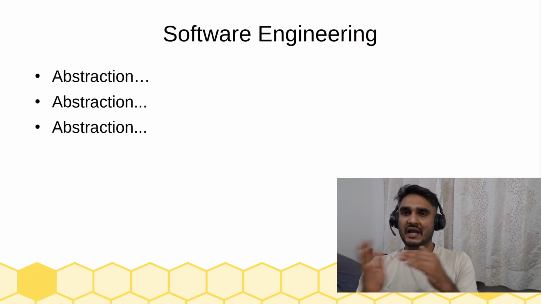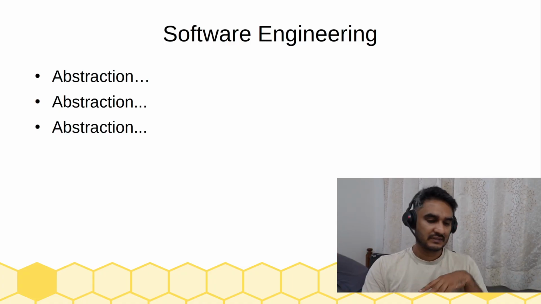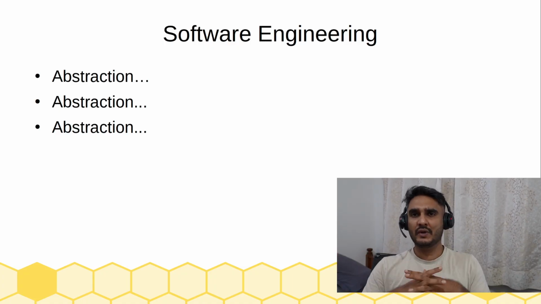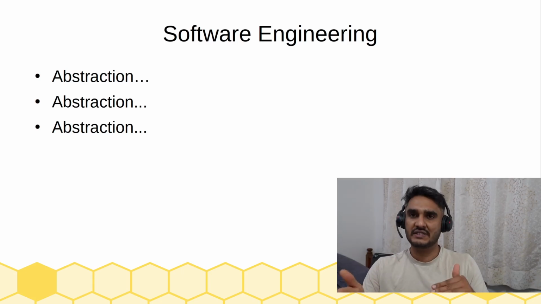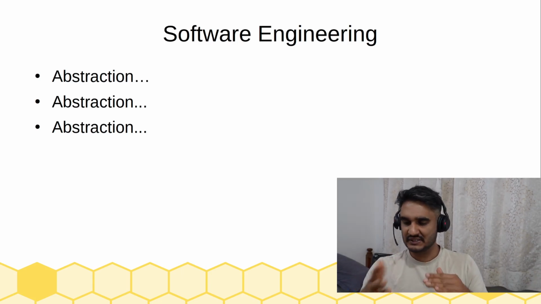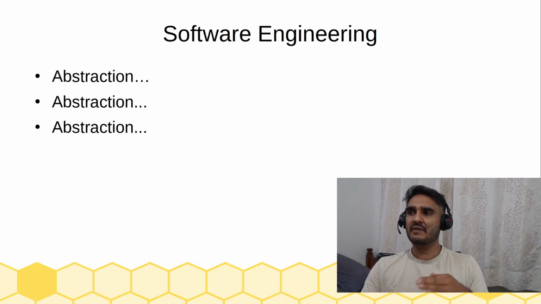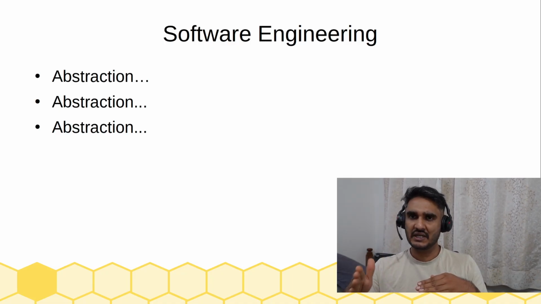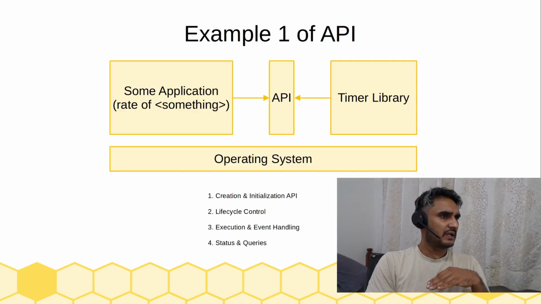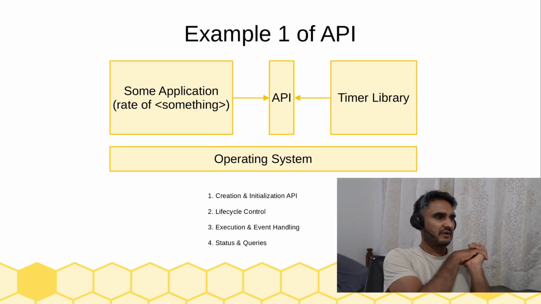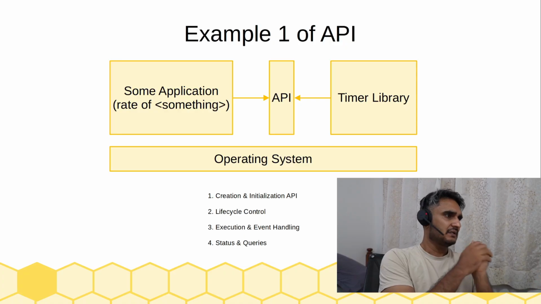But the client which is using the library will not know that. It will have some functions to invoke, so that the timer gets configured initially and it will be started, right? So this is the timer library example which I was telling.